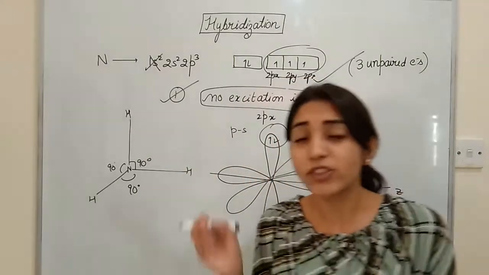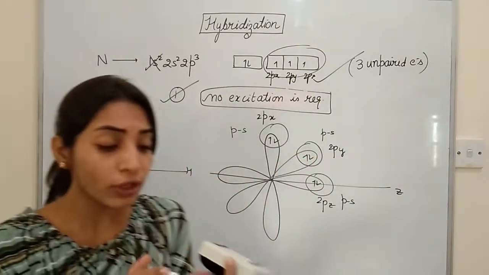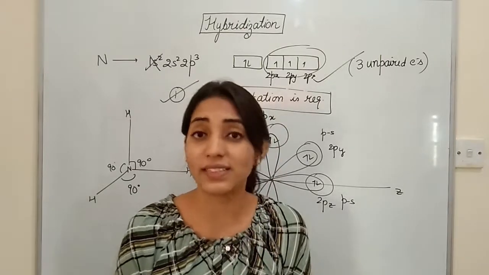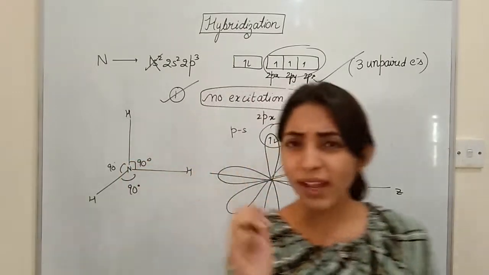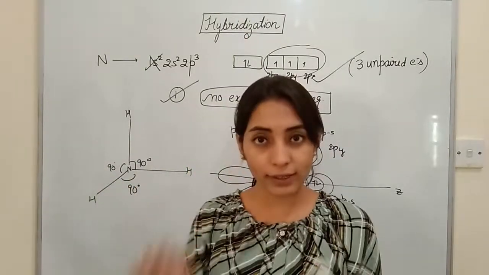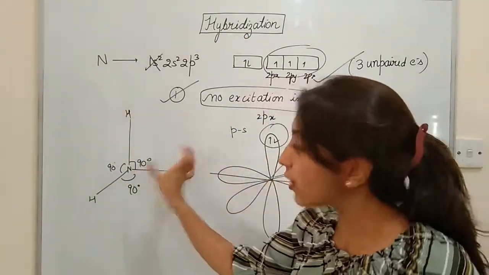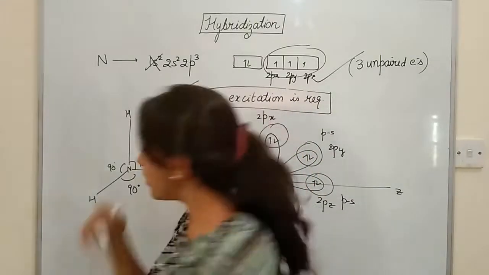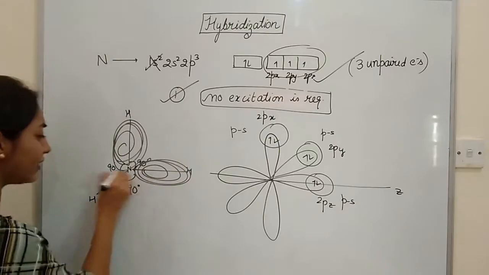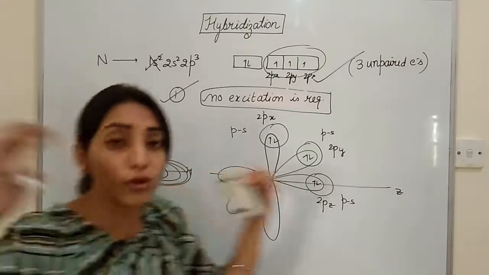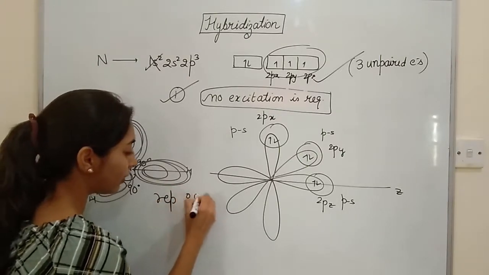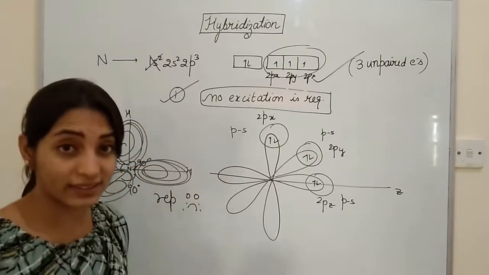Just think. I gave you the hint in the last video if you had listened clearly, when I was explaining methane, CH4. Remember I told you that the 90-degree angle is not at all stable. When two bonds are at 90 degrees to each other, this electron cloud will repel this and this electron cloud so largely that because of the repulsions, the molecule becomes unstable.